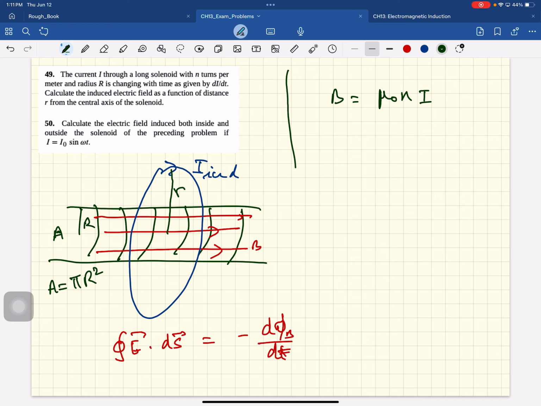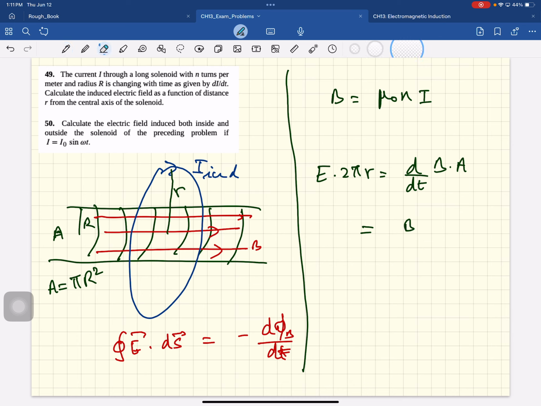So E times 2 pi r equals d by dt of B times area, which is mu naught A n di by dt.